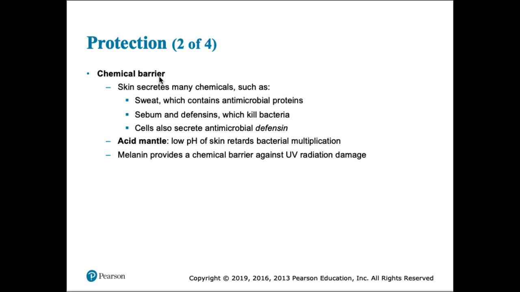And if your skin is a lower pH than that bacteria that's on your skin, for example E. coli, it can slow its growth or stop its growth. More often than not, it's just going to slow its growth and not stop it. But that's the acid mantle, which really helps defend against pathogens. And then melanin provides the chemical barrier against UV radiation damage.